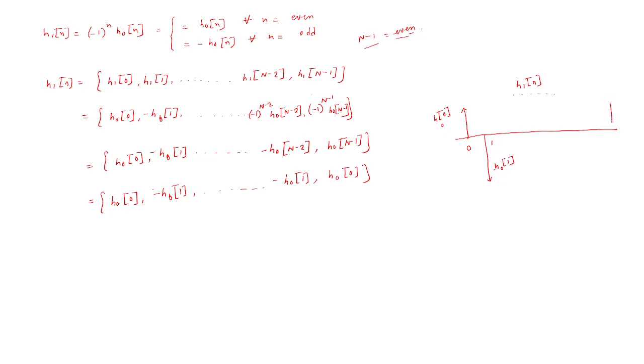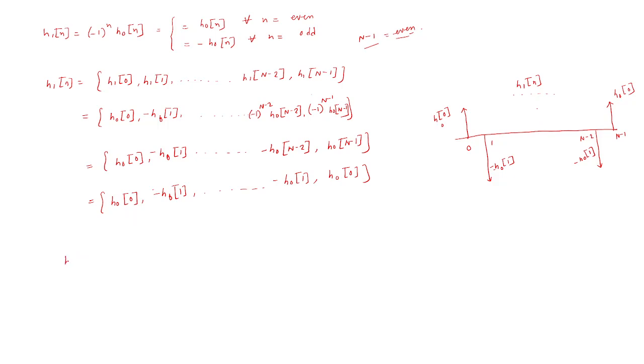Similarly, from the last two, we see at n minus 1 and at n minus 2, here also it gets flipped, minus h naught of 1. So, with respect to the center point, it remains even symmetric only.